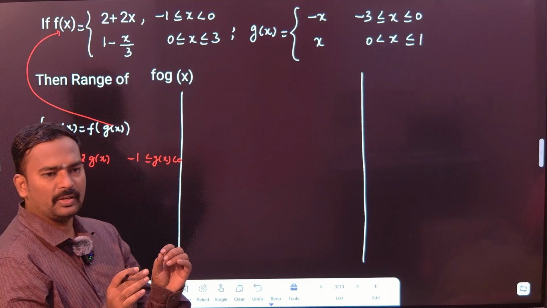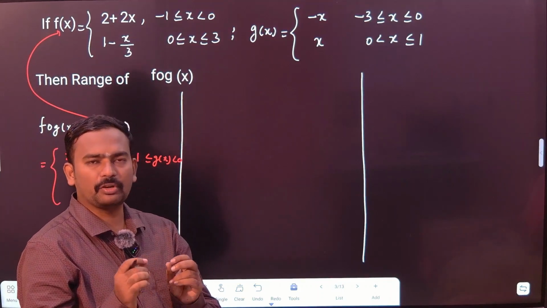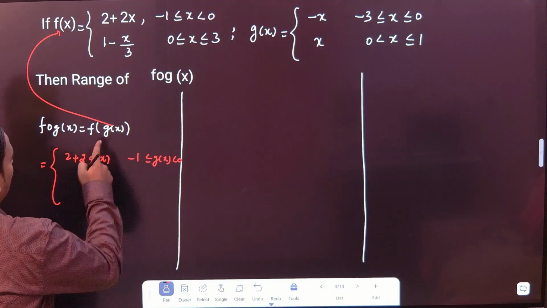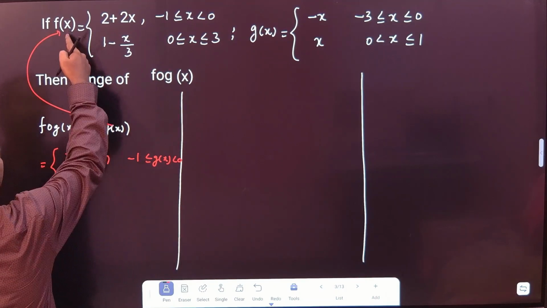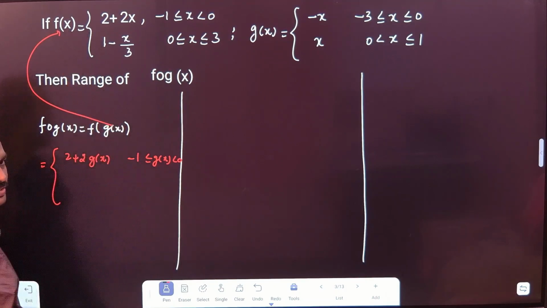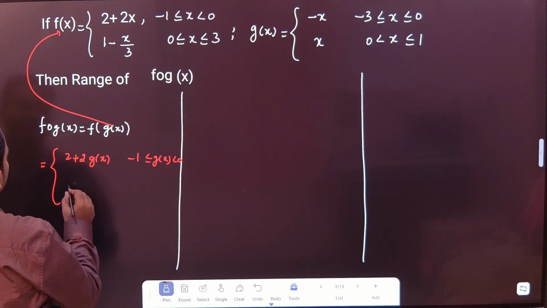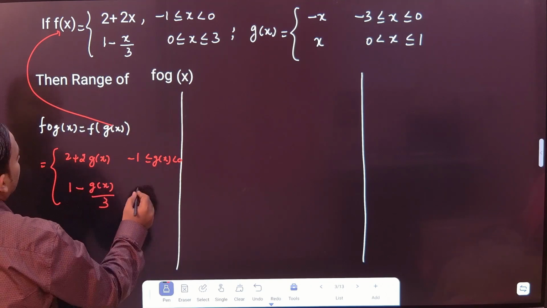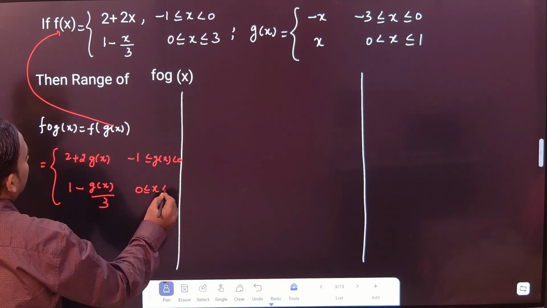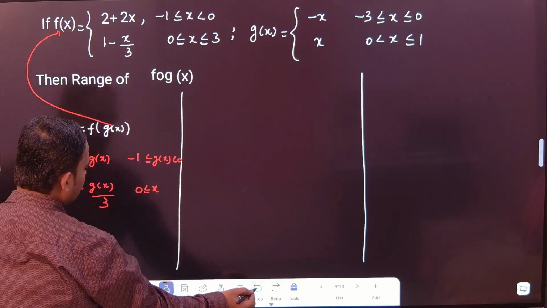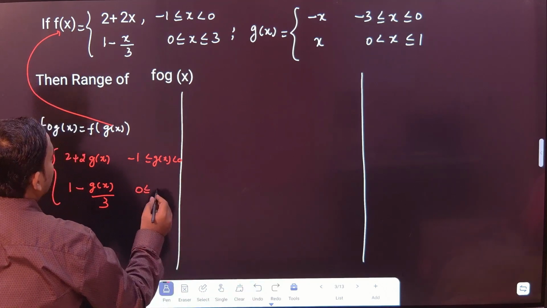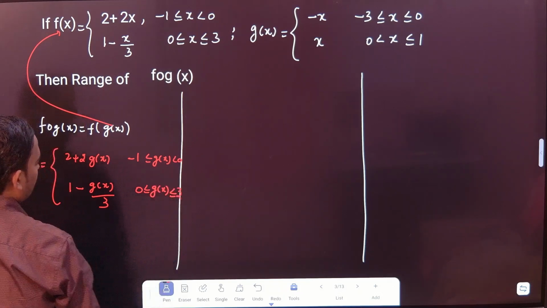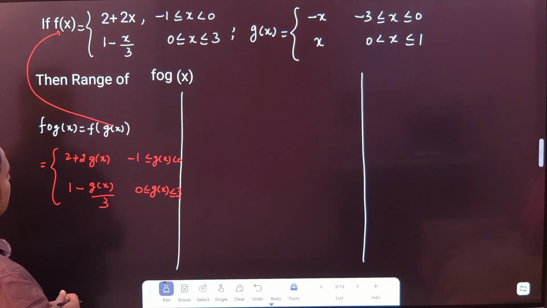Wherever x is there, you replace g of x in the f of x, because here g of x is the input. And then the second one, 1 minus g of x by 3, for 0 less than g of x less than or equal to 3. I hope everyone understood, right?